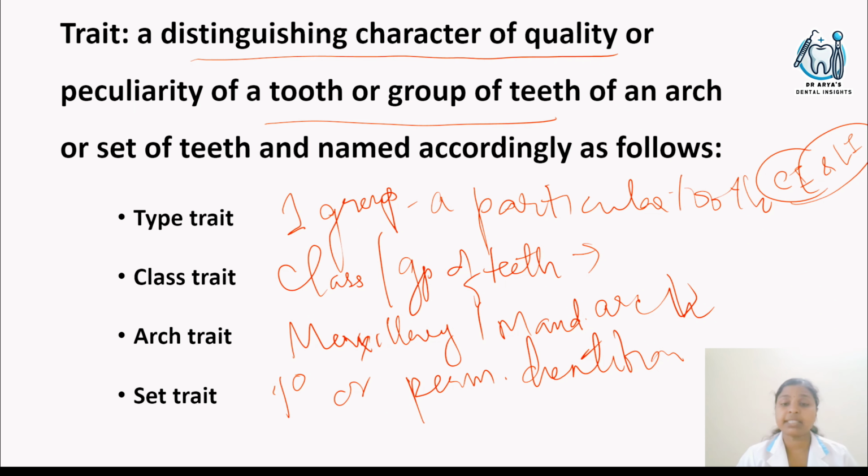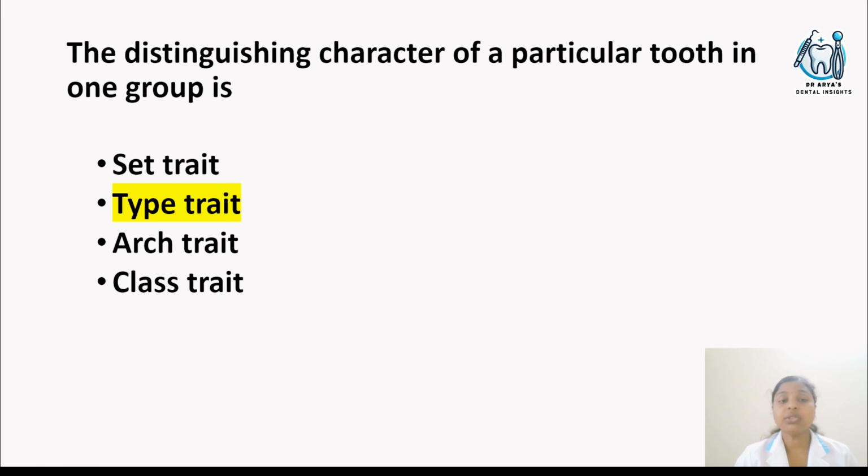Arch trait is for the maxillary or mandibular arch, so oblique ridges are present in the maxillary arch. And set trait is for primary or permanent dentition: all the permanent teeth are larger than the primary teeth. So these are the various traits. A particular tooth in one group is a type trait.